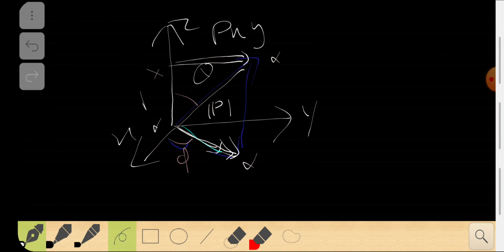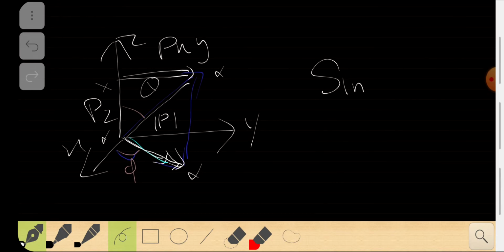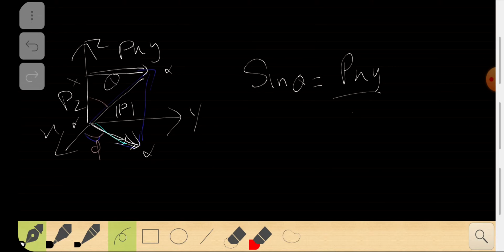Say this is pxy, the intercept right there, and this length is called pz. Let's say this is the angle theta. Let's find sine theta. Sine theta will be pxy by magnitude of p.